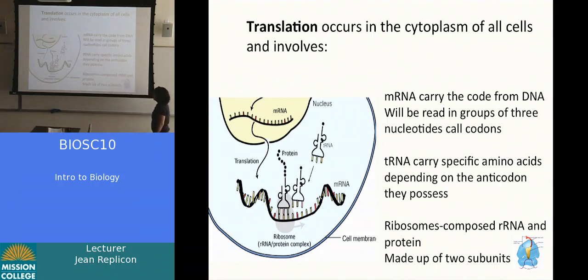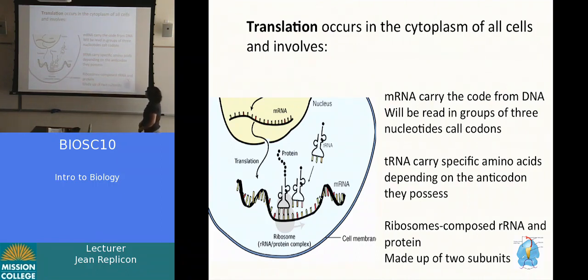And the players are the messenger RNA, which, as you know, has been processed before it left. And it's going to be read in groups of 3 codons, 3 nucleotides. Then there's this funky-looking thing here called a tRNA, or transfer RNA. These are the ones that I say speak 2 languages.